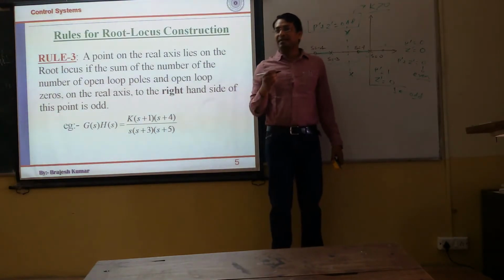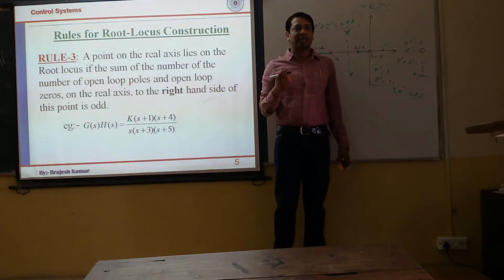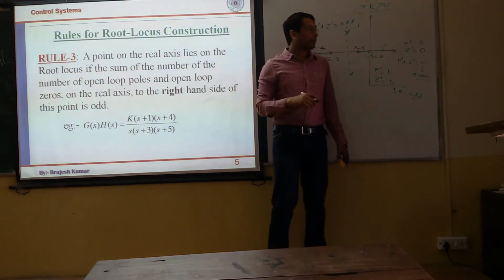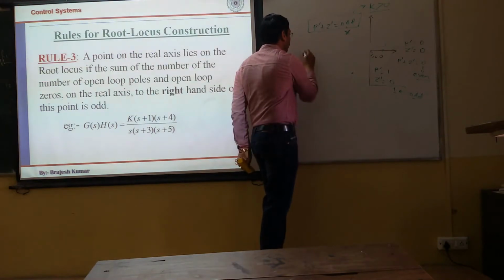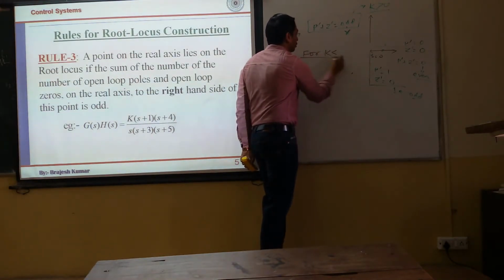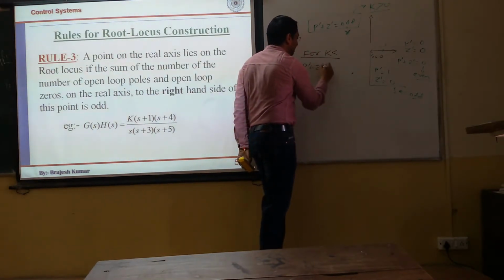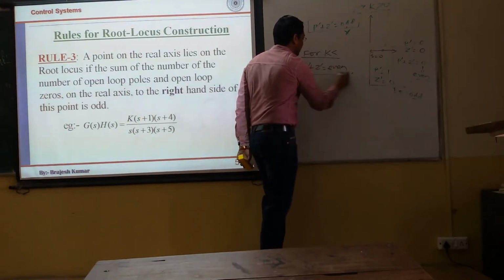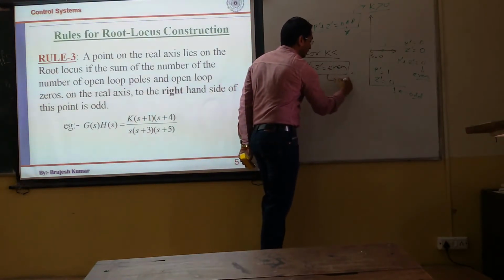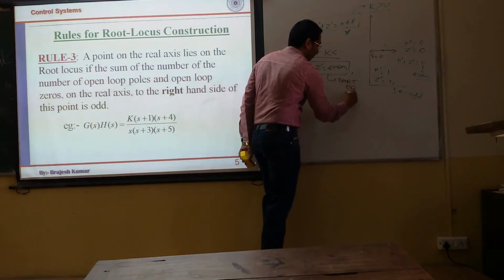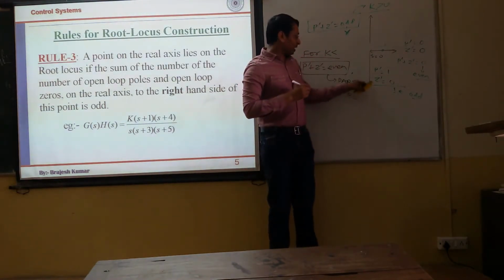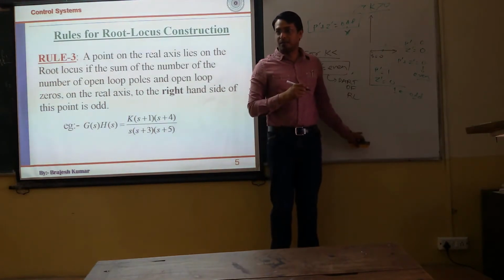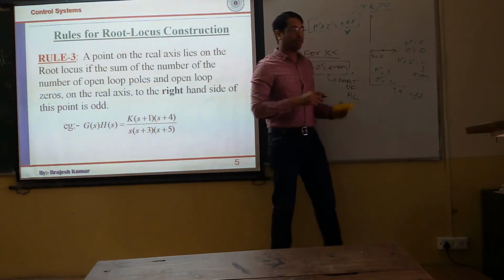And if you are interested in negative values of K, this rule will change. For negative values of K, for K less than 0, if P dash plus Z dash is even, then it will be part of the root locus. Correct? This is for the inverse root locus case. I am discussing it in parallel. Correct?